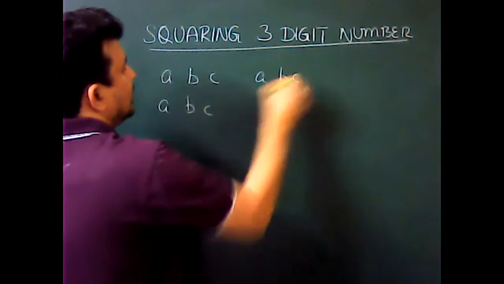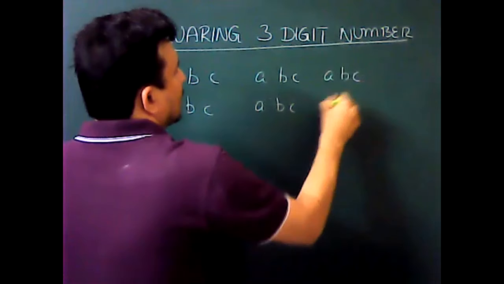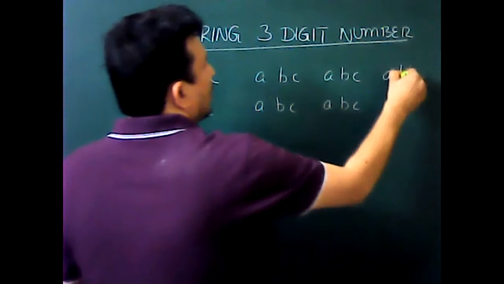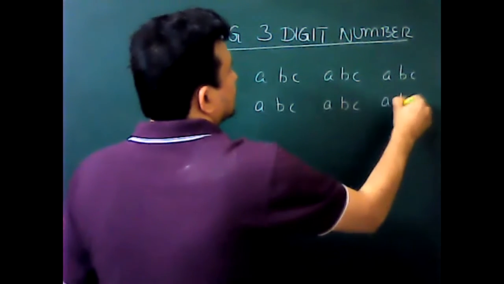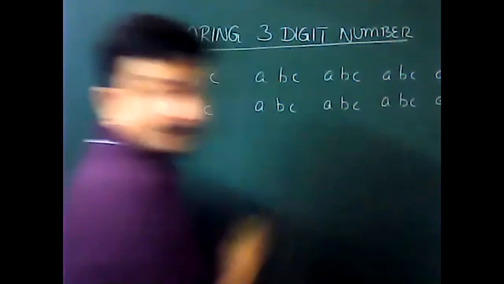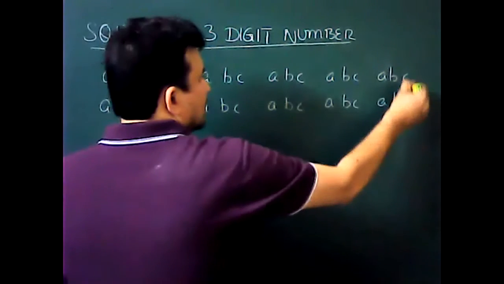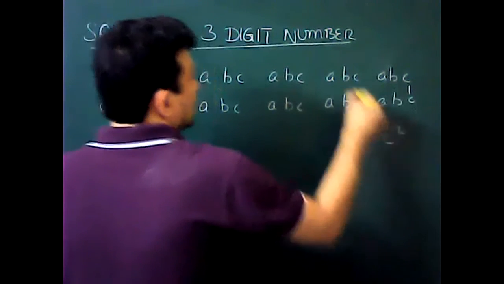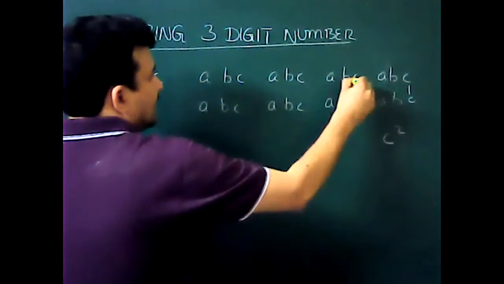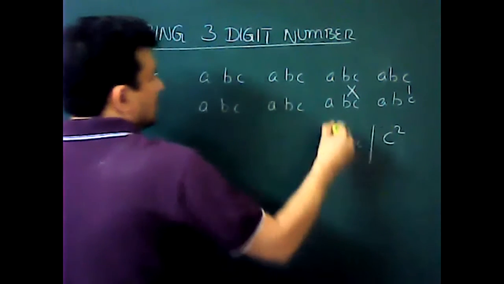Let the digits be A, B, C. Now the first step is C square. The second step, BC and BC, it becomes 2BC.